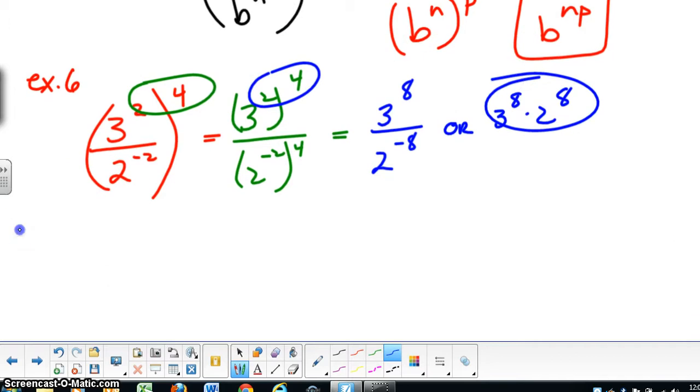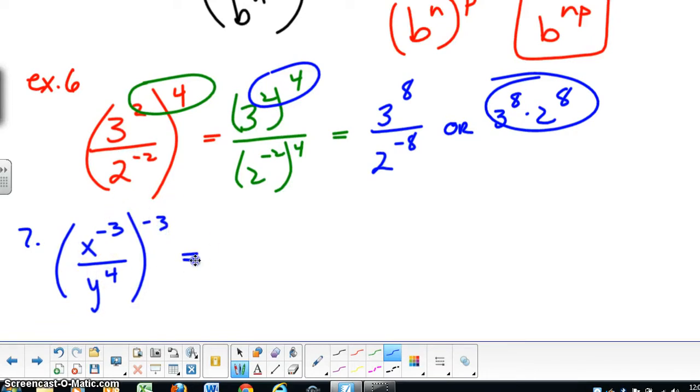I want you to push pause on this one and try it on your own. It is x to the negative 3 over y to the 4th, and that's to the negative 3.